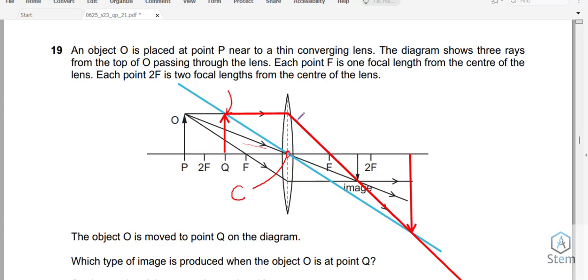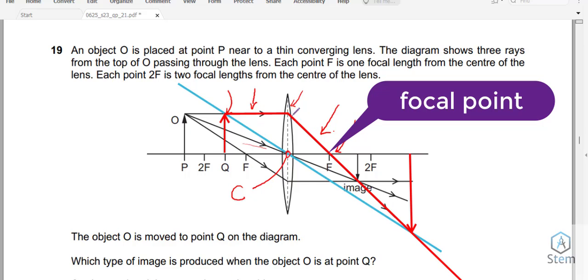Then the second line, which extends to that side, starts at the tip of the object, gets to the converging lens, and it has to bend, and as it bends, it passes through the focal length.